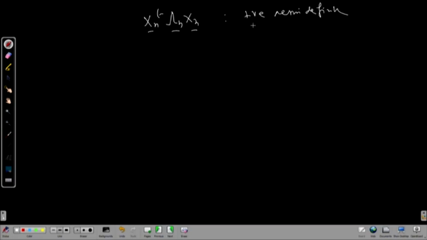It is positive semi definite because if you take a C vector, non-zero, n cross 1, then C transpose, this matrix, C. What happens to this?